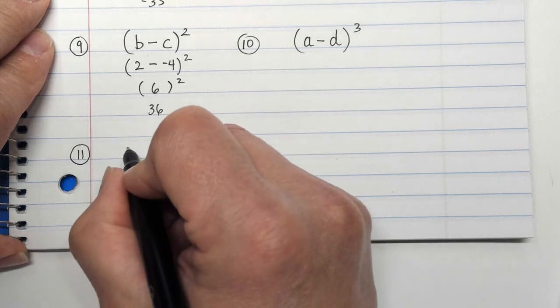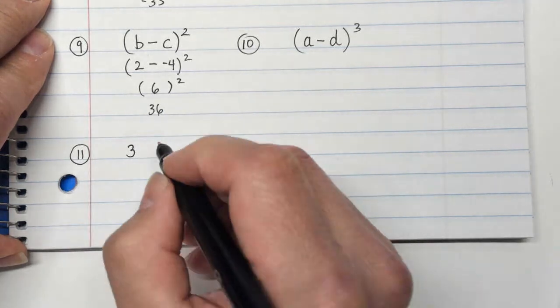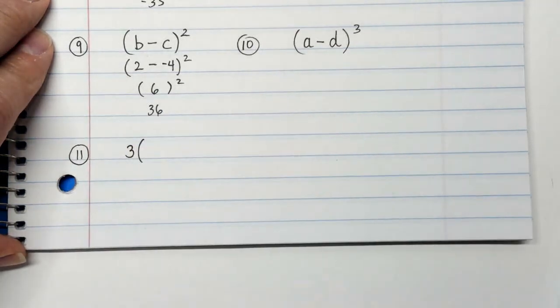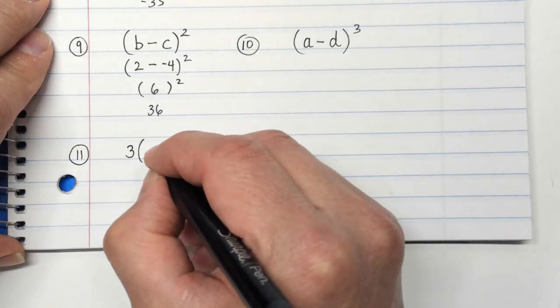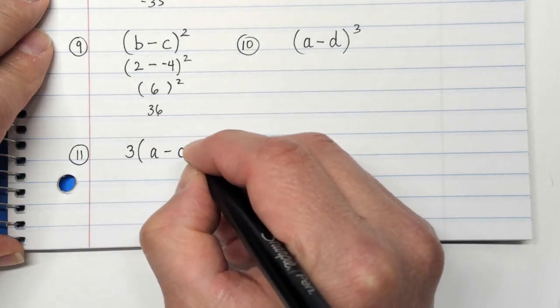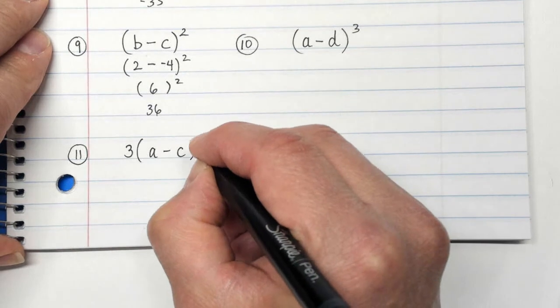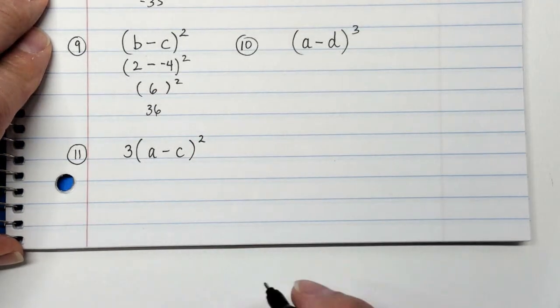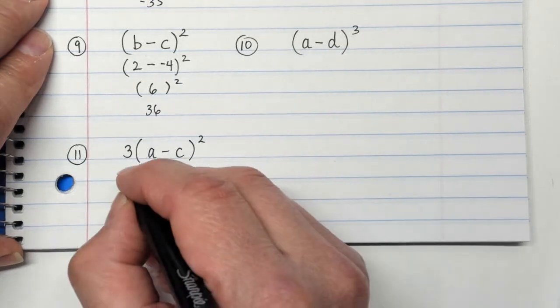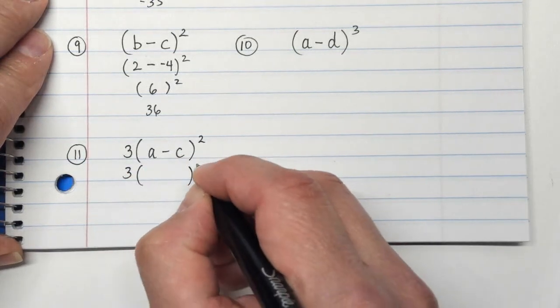Here we go. 3 times A minus C quantity squared. Usually the exponents you deal with in algebra are going to be either a 2 or a 3, by the way. Okay. Bam.